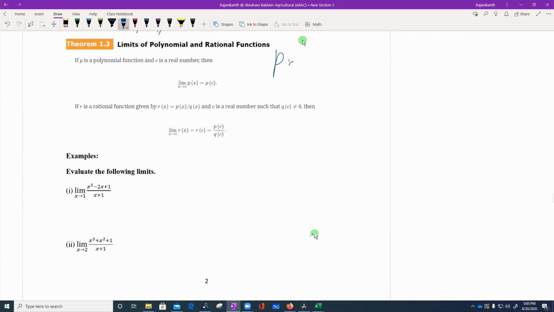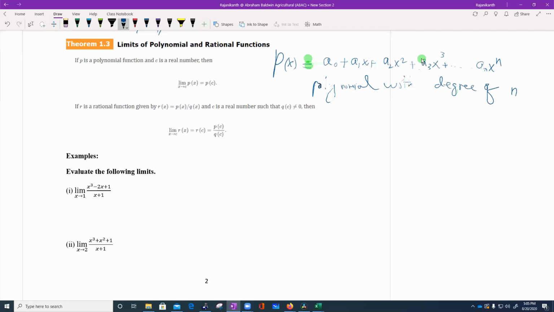You could write the general polynomial function as a naught plus a1x plus a2x squared plus a3x cubed and all the way going to an x to the power n. So this is the general formula for the polynomial with the degree of n.